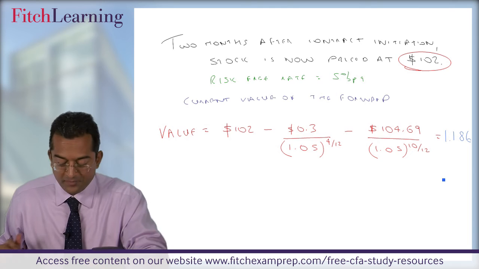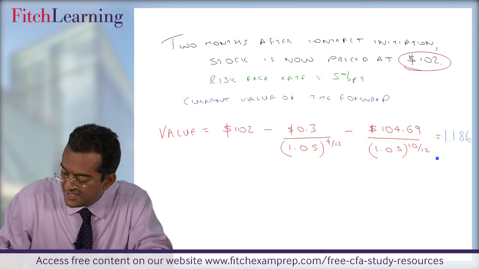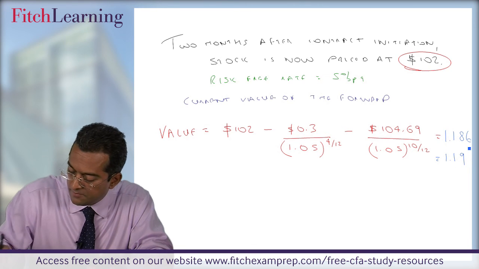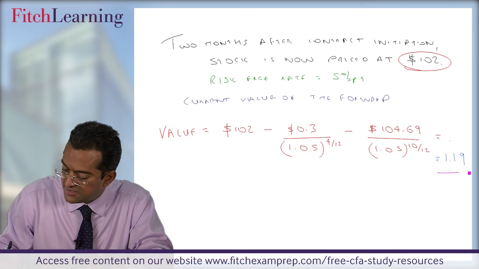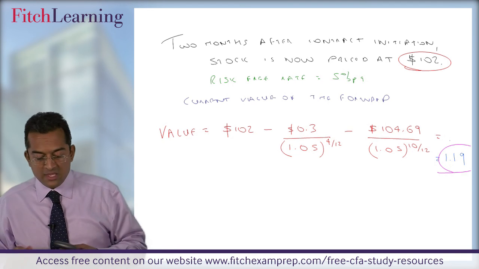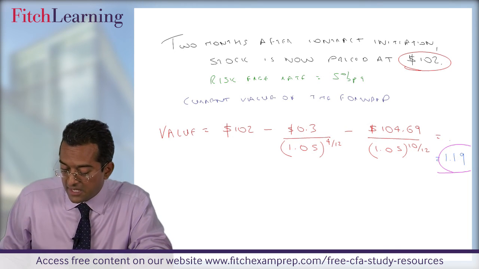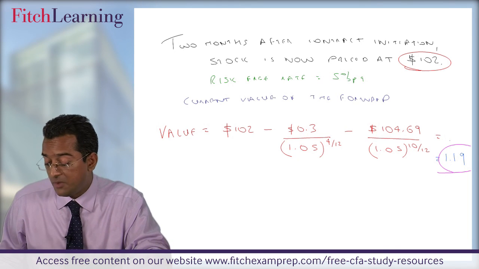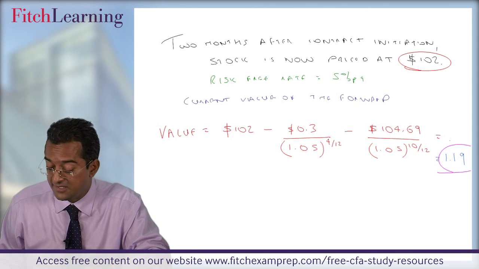Either way, something in the range of about $1.19, rounding to 2 decimal places. Now the value is positive, and to the buyer it's positive by $1.19. Of course, for the seller, it would be a negative value of $1.19.